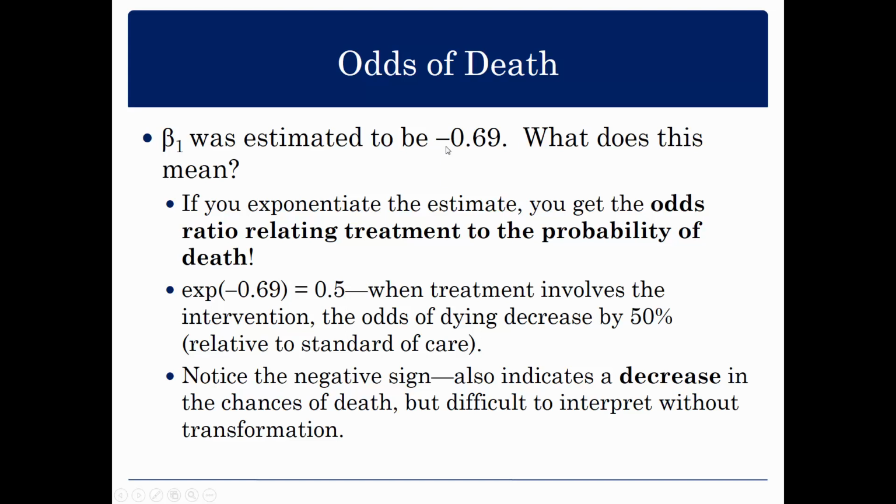If I had a negative sign in my original beta 1, my slope, that tells me that there's a negative association, right? That the odds of death actually decrease in the intervention relative to the standard of care. But again, the type of decrease that you have is very difficult to interpret unless you exponentiate that value.